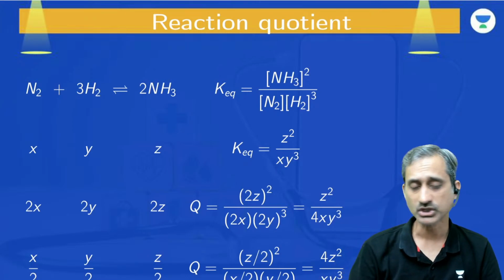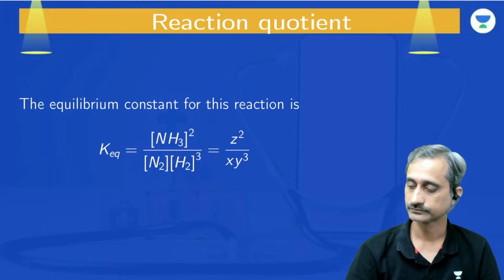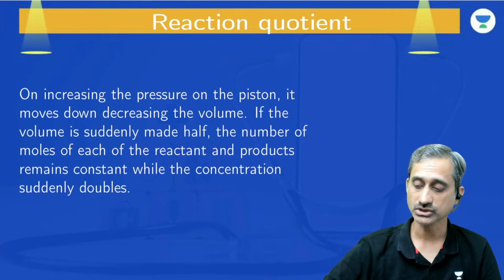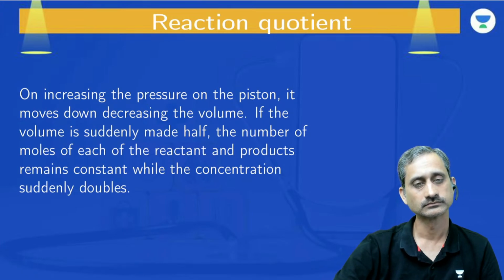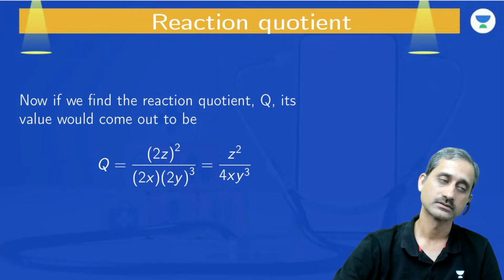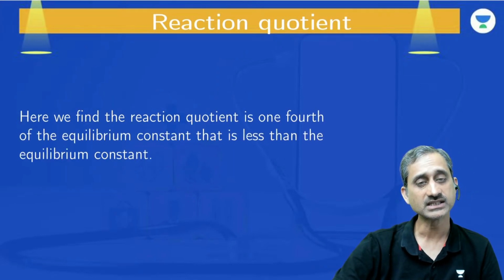So when we increase the pressure, the reaction shifts in the forward direction. Okay? This is the equilibrium constant. This is when we increase the pressure. And we find that the reaction quotient comes out to be less than the equilibrium constant. Okay? What happens when we decrease the pressure?